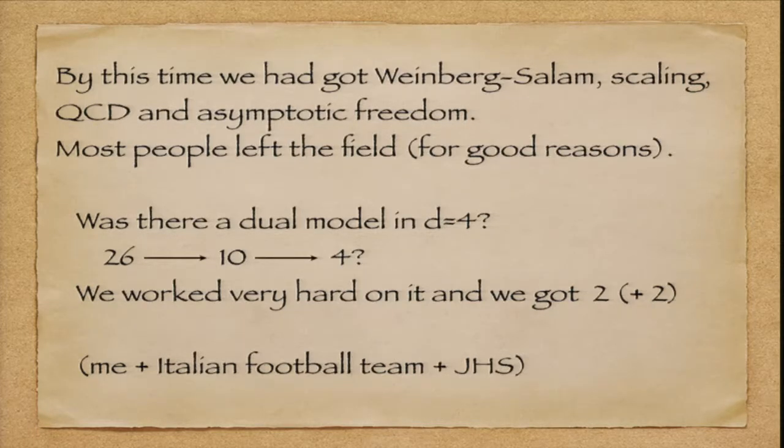And of course, people left for good because there was this tremendous development that David talked about before with QCD, which completely changed the picture, in that now we had a theory for the strong interactions. And what we had been doing in this other attempt was something completely different.